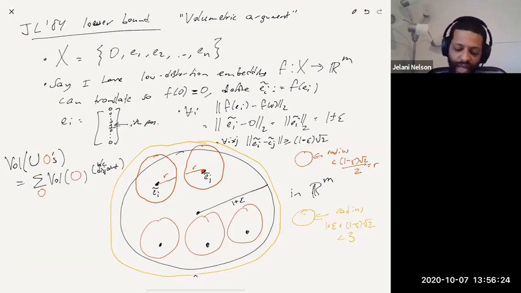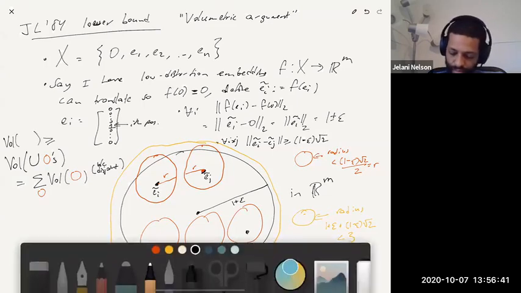On the other hand, I also know that the union of the red balls is contained in the yellow ball. So this is at most the volume of the yellow ball. Does that make sense?